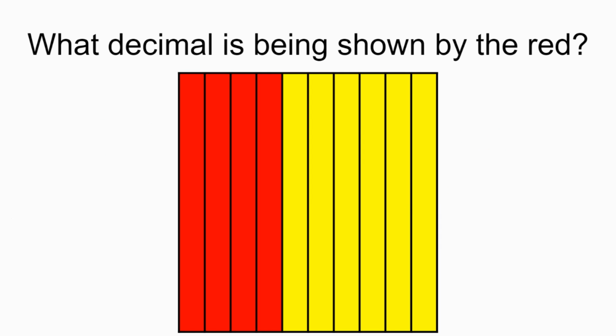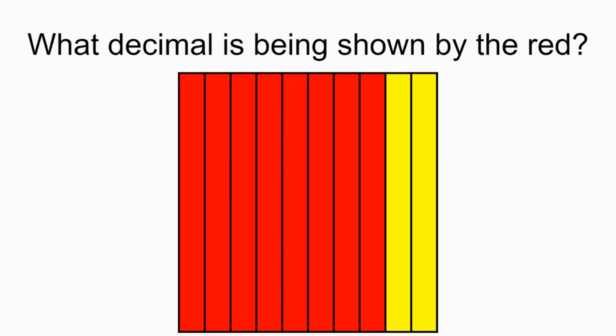So it's time to test your knowledge on some questions. What decimal am I showing you with the red shaded part? And the decimal I showed you is 4/10, because if you look at the whole cube that I'm showing you, it's divided into 10 equal parts. And out of those 10 equal parts, 4 of the 10, 4/10, are shaded.